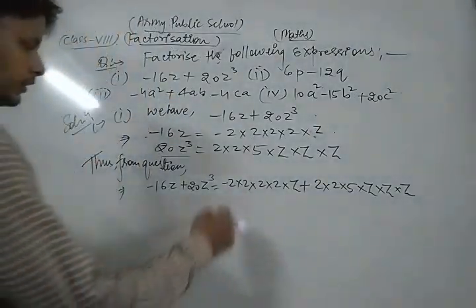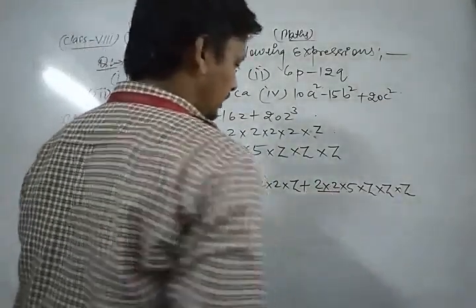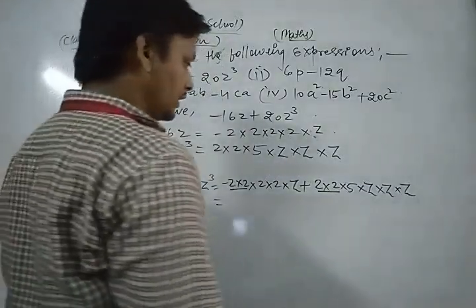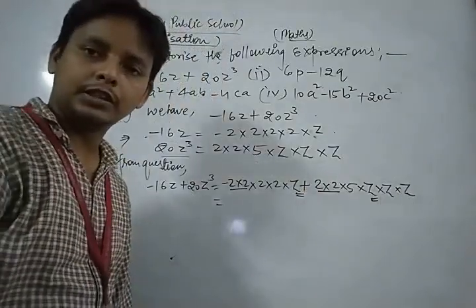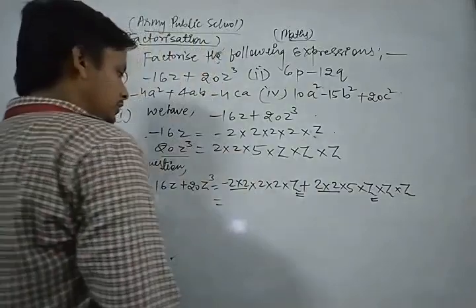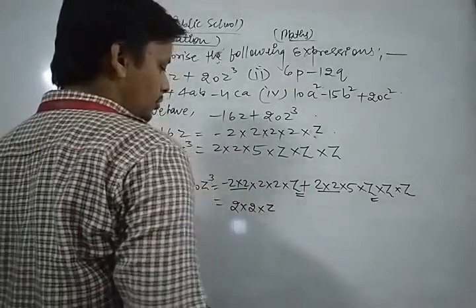Dear friends, here look, 2 into 2 is a common factor in both the terms, as well as z is also a common factor between these two terms. So we take 2 into 2 into z as common.